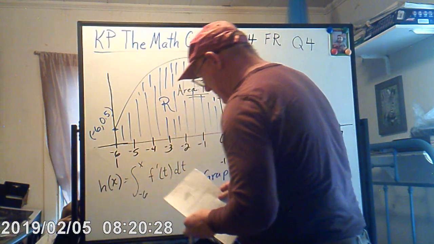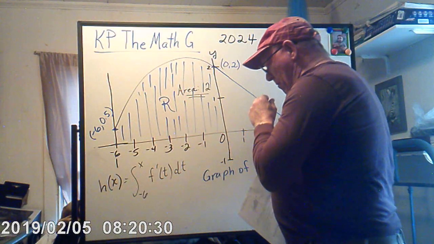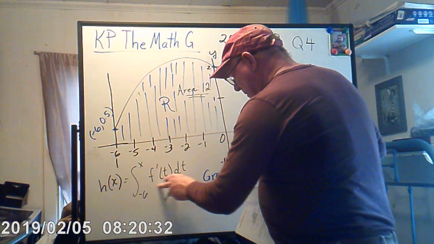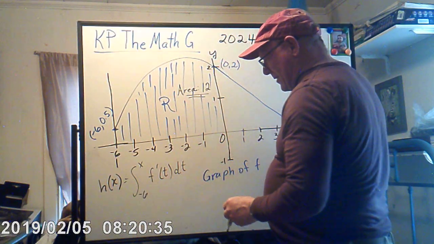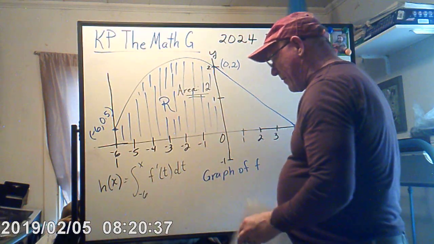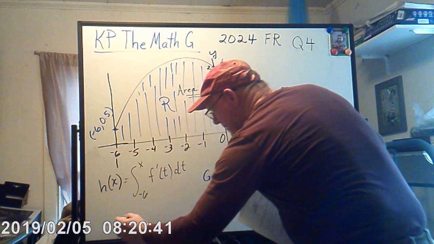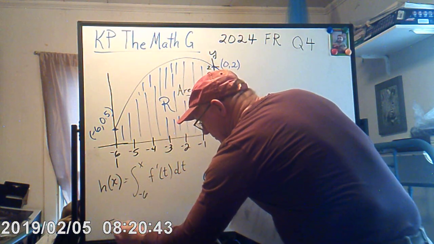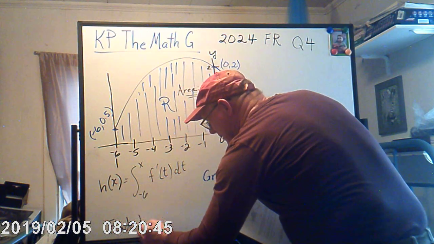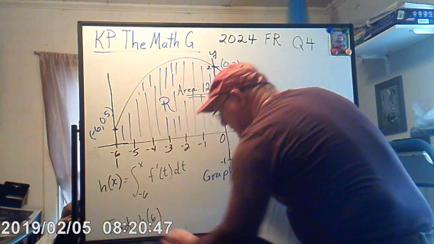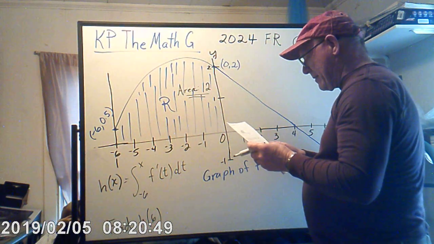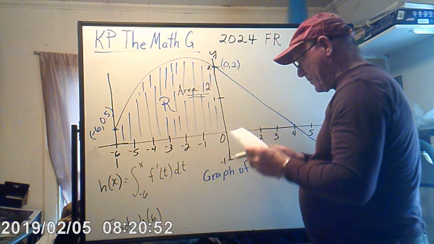Now, this is prime, so we're going to look at that in just a moment. So we're going to see what all that is. So now let's find h at 6. Okay, I think that's what we're looking for.